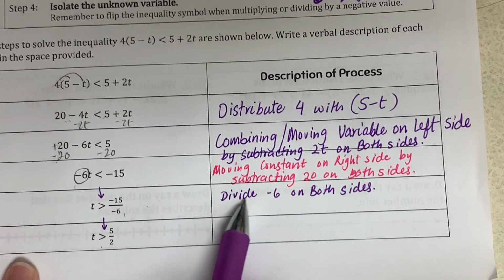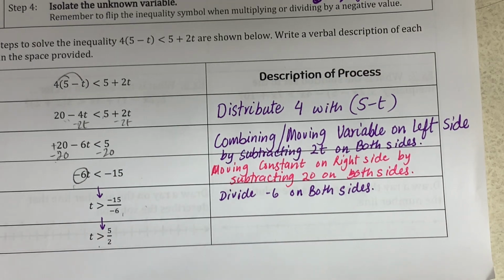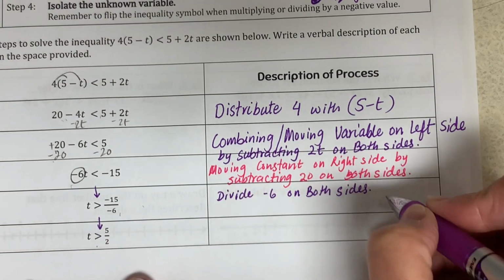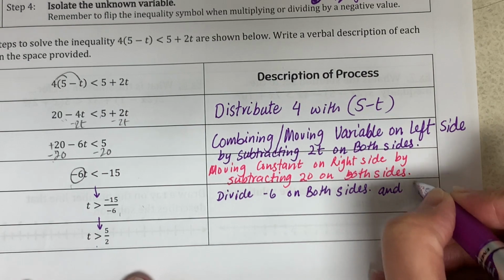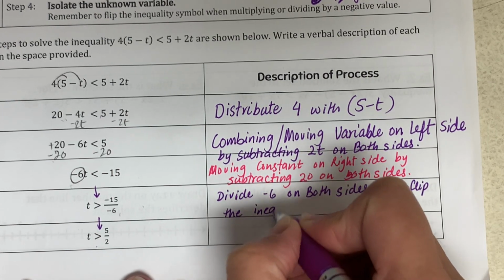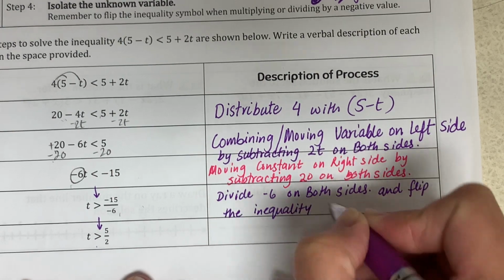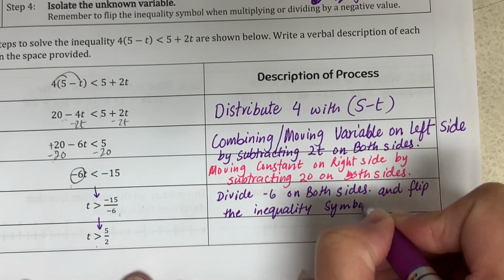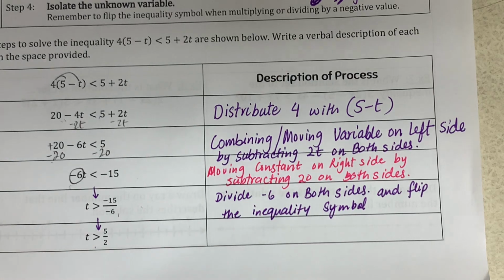So divide by -6 on both sides and flip the inequality symbol or sign. So that's the most important key. When you divide by a negative number, you have to flip the sign.